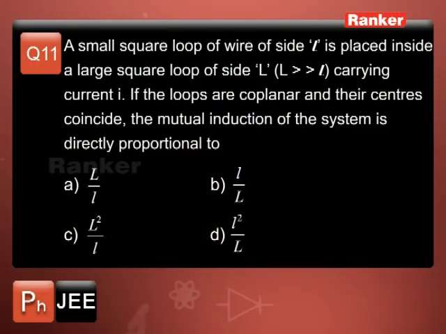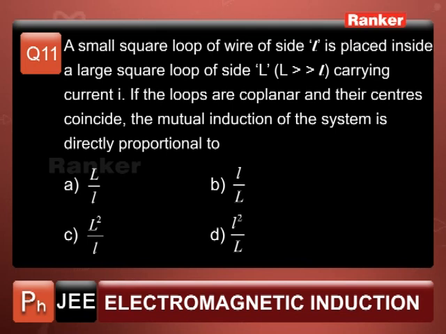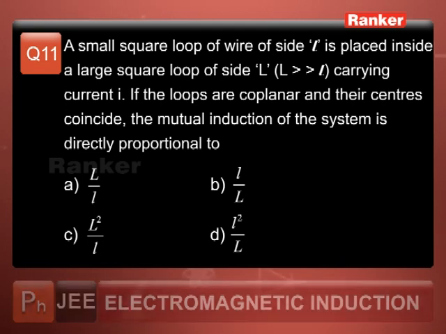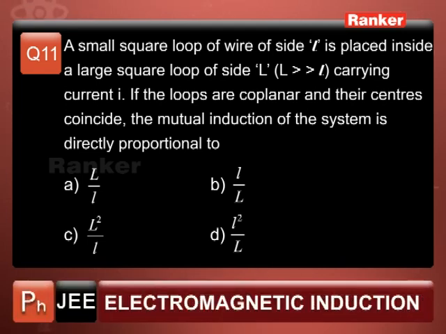A small square loop of wire of side small l is placed inside a large square loop of side capital L. He has given in brackets capital L is greater than small l. The value is so high, that's the point.